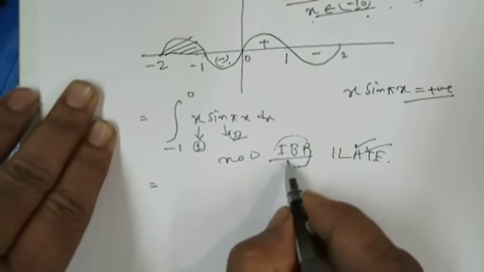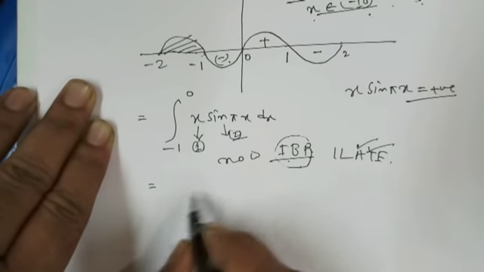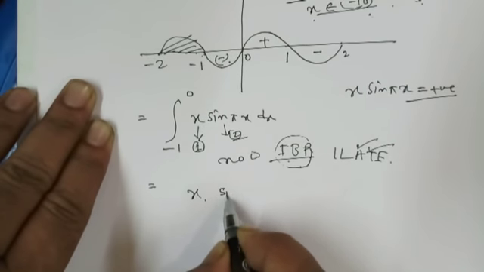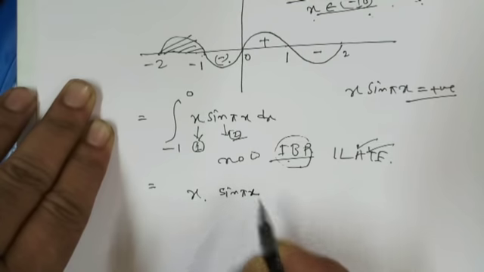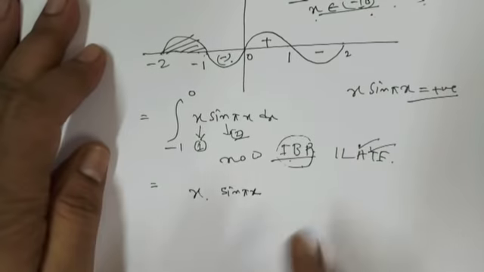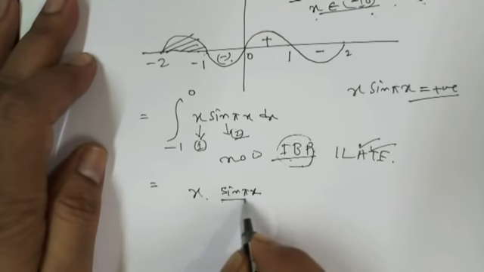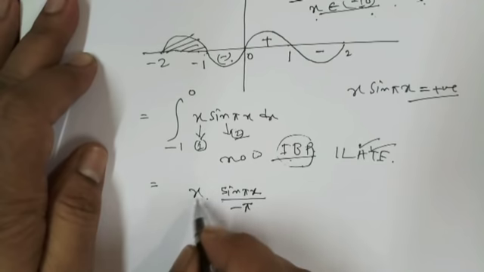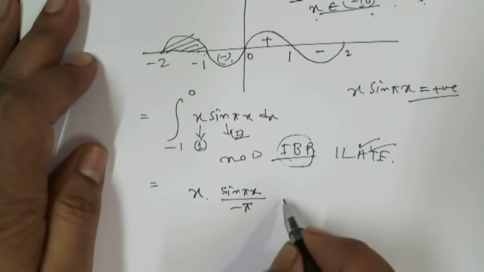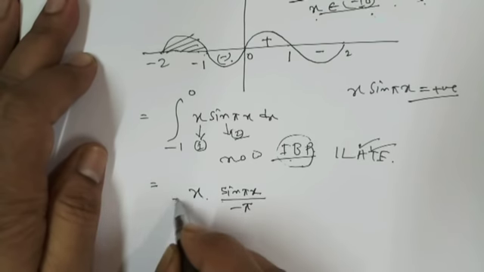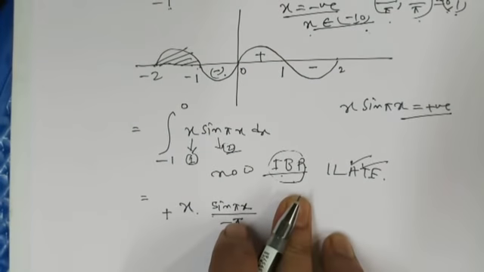Now you can use IBP, integration by parts, then this is x times the integration of sin pi x, which is sin pi x upon -pi.